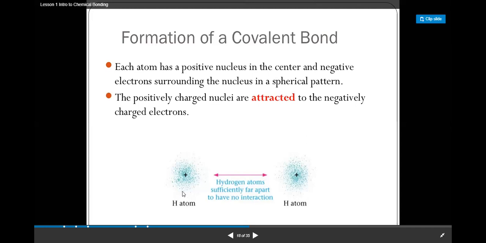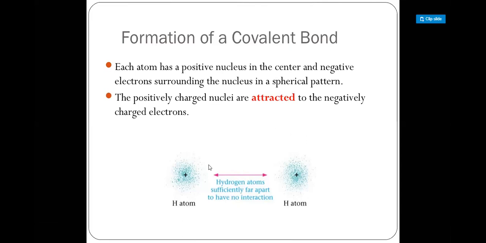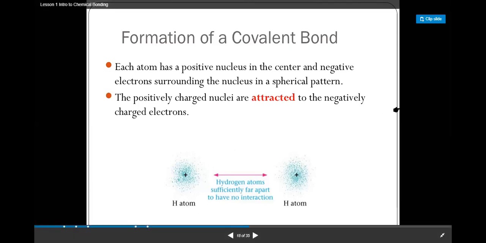So there is going to be an attraction. Here the hydrogen atoms are sufficiently far apart to have no interaction, so no attraction takes place between them. We have kept these two apart.